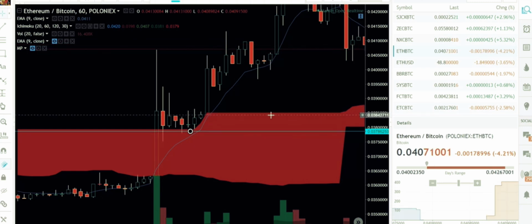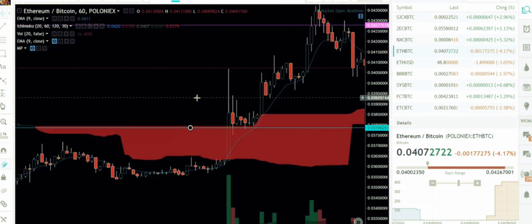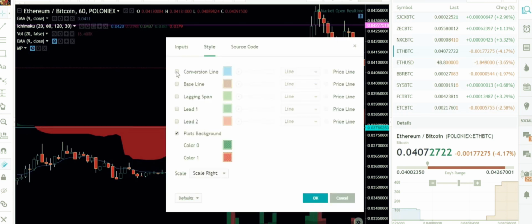Okay, so really, like I said when we first started talking about the cloud, there's a ton of other things that you guys could research on your own and see if it's what you want to use with the cloud. That's how all these lines can give you an indication of a trade.